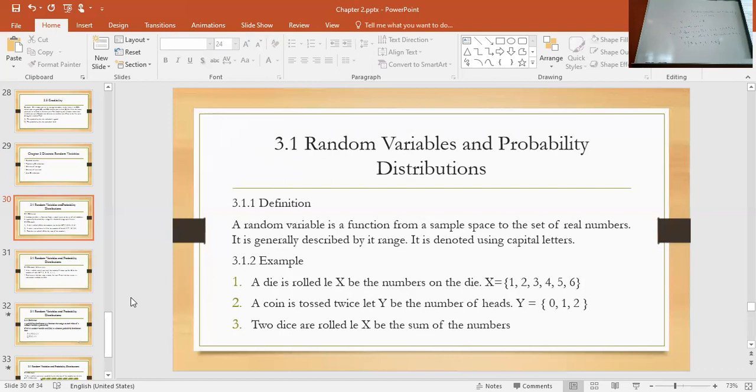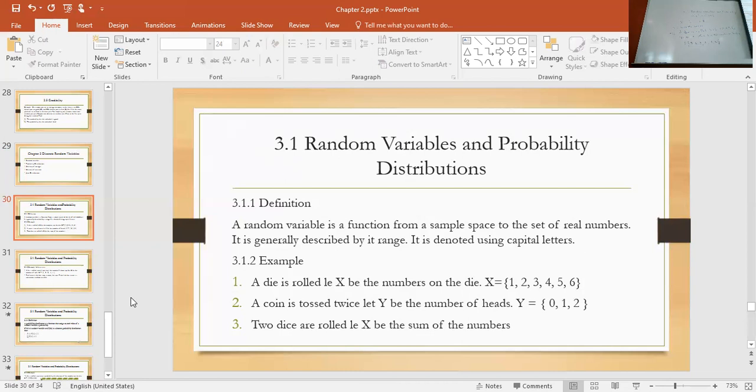Y equals X if X is odd, X over 2 if X is even, where X is the number on the die.